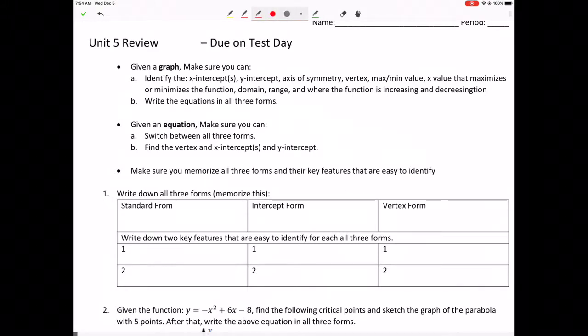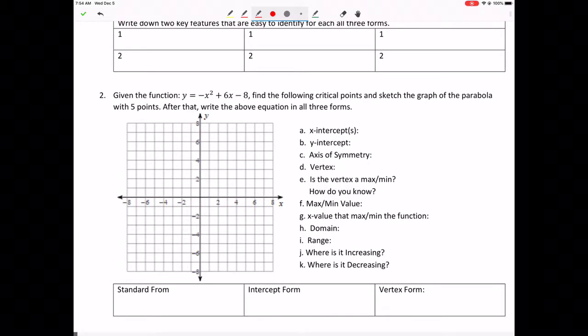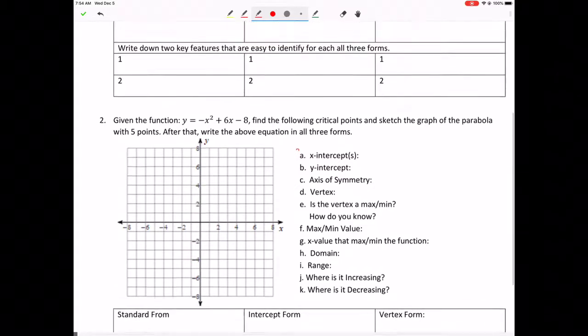Given a graph, make sure you can identify the x-intercepts, y-intercepts, axis of symmetry, vertex, max or min value, the x value that maximizes or minimizes the function, and domain and range of the function, and where the function is increasing or decreasing. So basically everything that's covered from A through K for problem number 2.